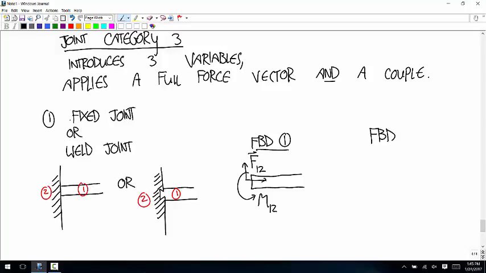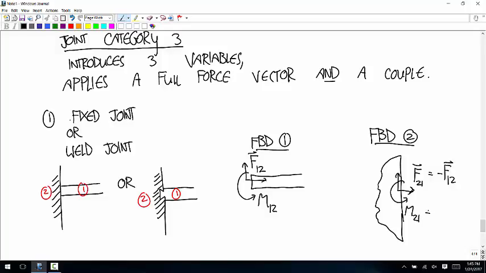And a free body diagram of member 2 has a force vector F on 2 by 1, that's equal to negative F12, and a couple M21, which is equal to negative M12. Any questions about that?